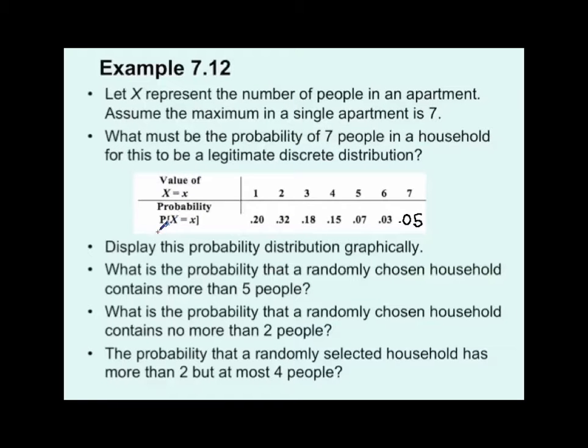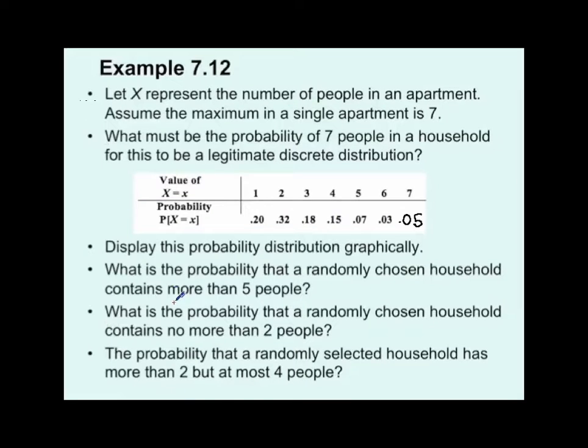I got myself a blank sheet of paper to do some work here. So what is the probability that a randomly chosen household contains more than 5 people? All right. So let's write down what that notation means. We want a randomly chosen household contains more than 5 people. So x is more than 5 is what we're looking for, right?